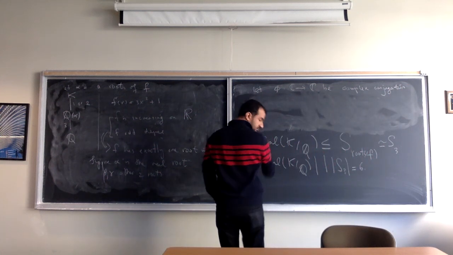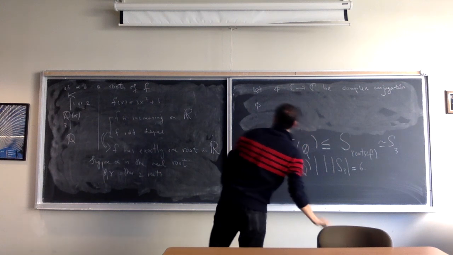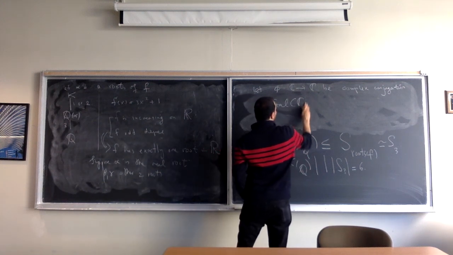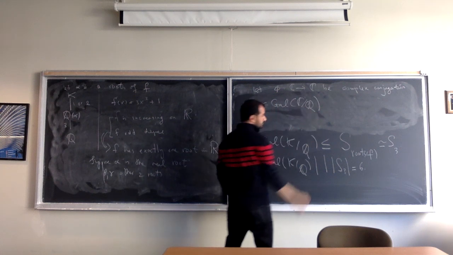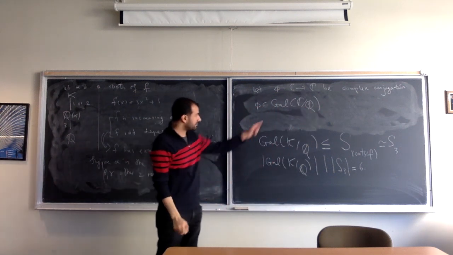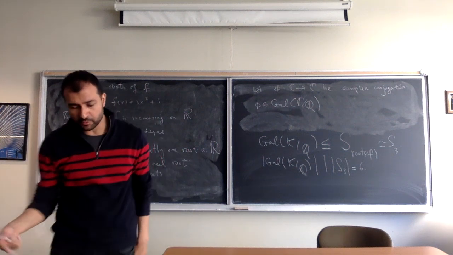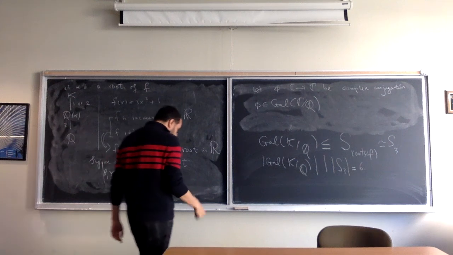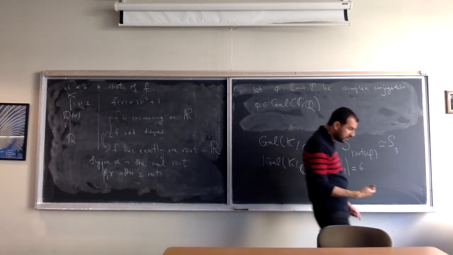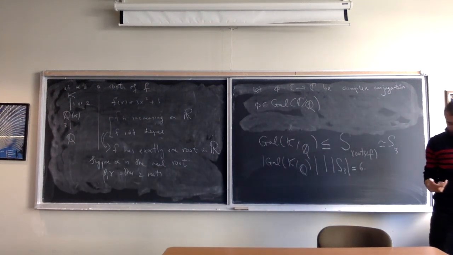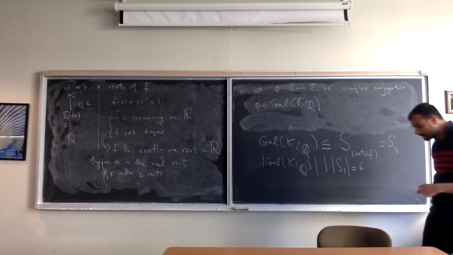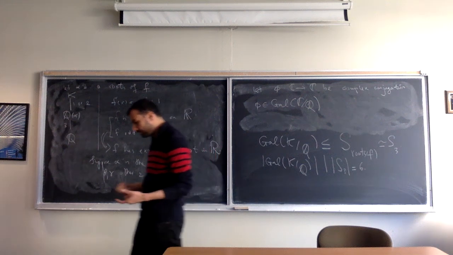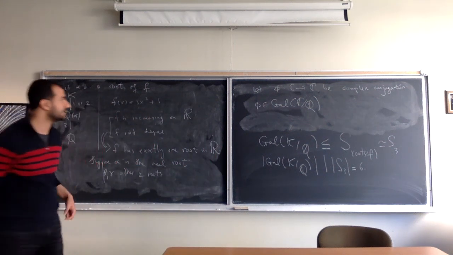It fixes all the real numbers, in particular all the rational numbers. This is an element of the Galois group of C over Q. Because it fixes Q, for any polynomial with coefficients in Q, phi will permute the set of roots of that polynomial in C.